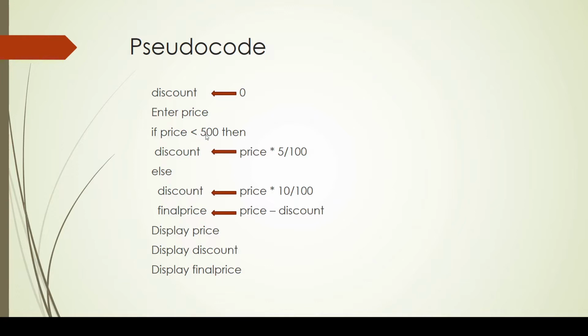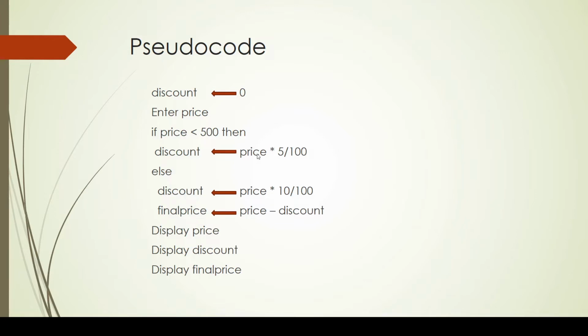If this condition evaluates to true, then it will calculate the discount, and it will be the price multiplied by 5/100. So I'm doing real division to calculate 5%.